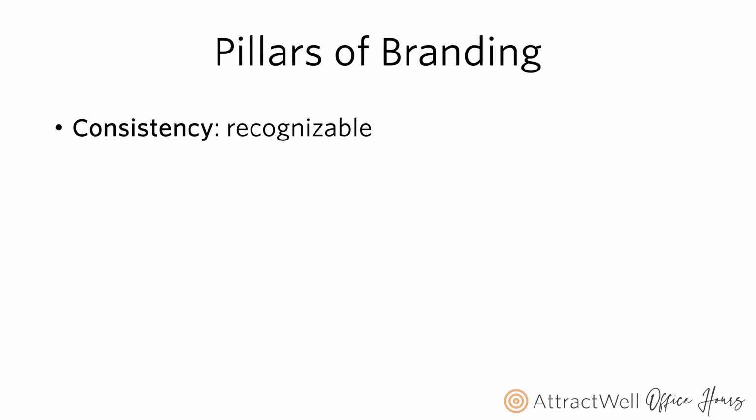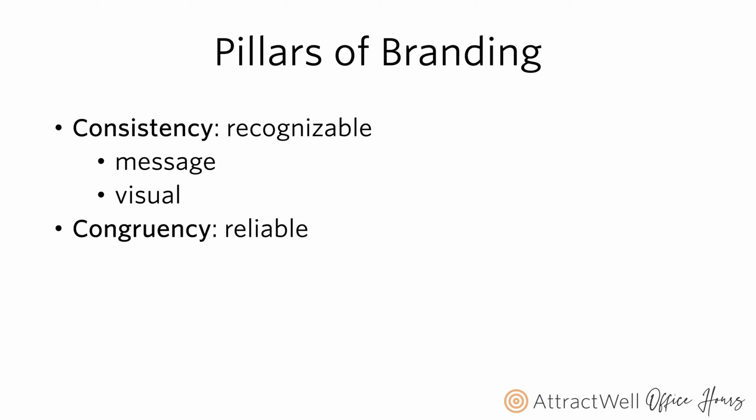It's easy for the human brain to recognize what it can remember, what has been repeatedly put in front of it. So consistency is how we're able to brand ourselves as easily and readily recognizable to the people that we want to recognize us. So we show up with consistency with our message, our visual elements, which we'll get into today, and then with congruency.